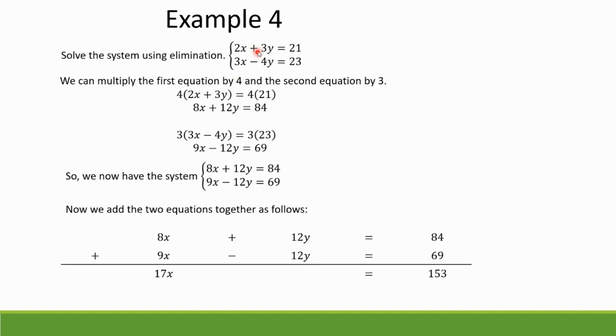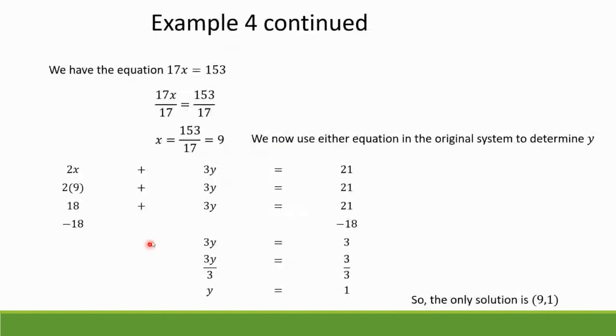Okay, so again, what we did was we manipulated the coefficients by multiplying. We saw now that one of the variables, the coefficients are opposite in sign. They're the same, 12, but they're opposite in sign. We added, the variable is gone. We only have one variable here. We get 17x is 153.